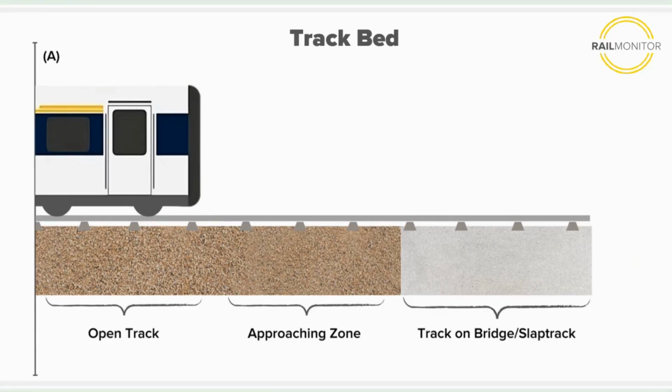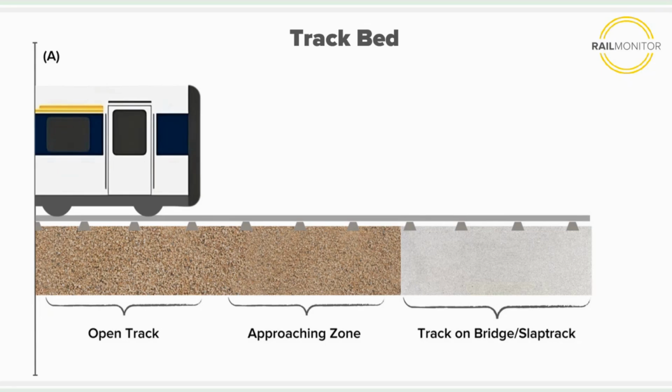As we are going to talk about track deflection and monitoring, we are today focusing on the track in zones where the supporting structure consists of different materials. So we have a ballasted zone, and we also have a zone where there is other material, like, for example, a bridge or a slab track.